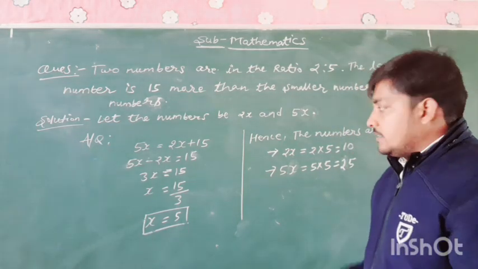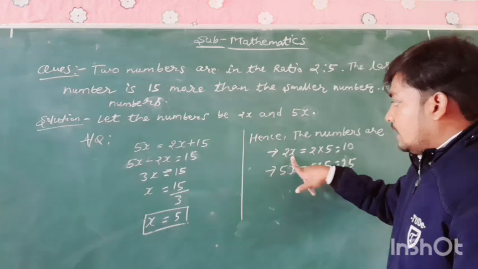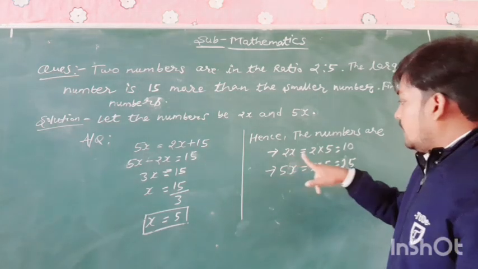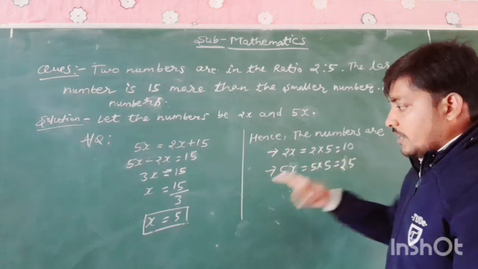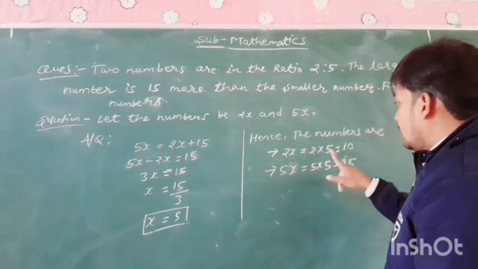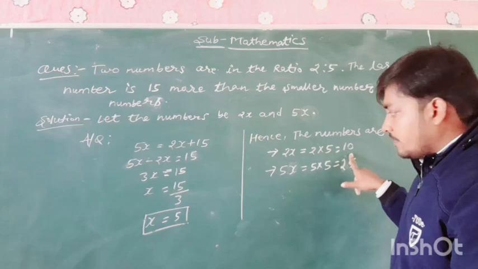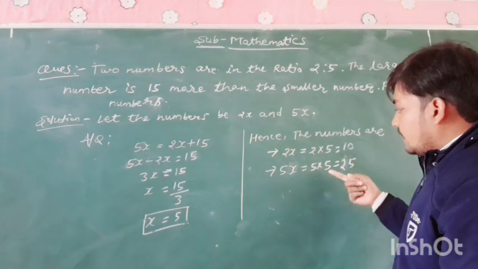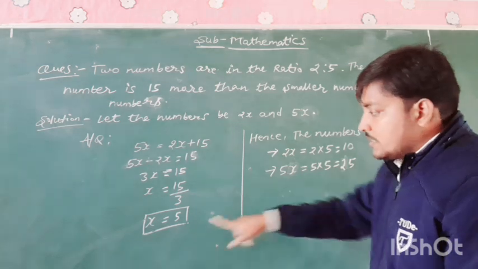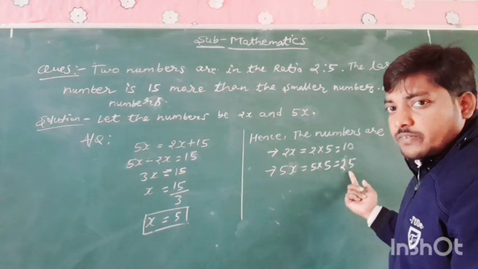Then clearly I tell you the numbers are 2x, which is equal to 2 into value of x is 5, then 2 into 5, which is equal to 10, and 5x, which is equal to 5 into value of x, which is 5, then 5 into 5 is equal to 25.